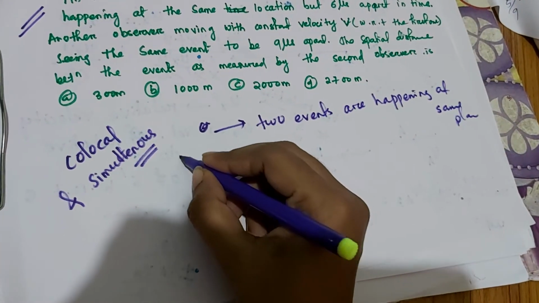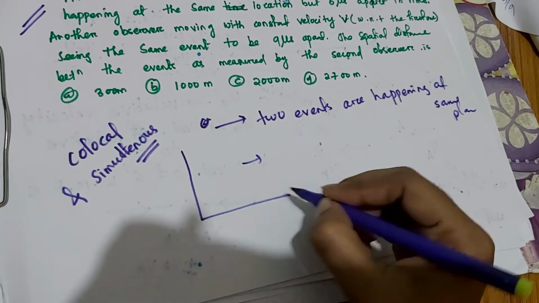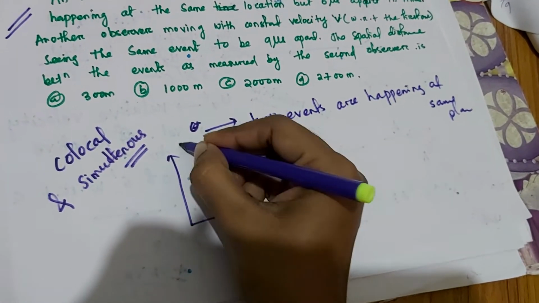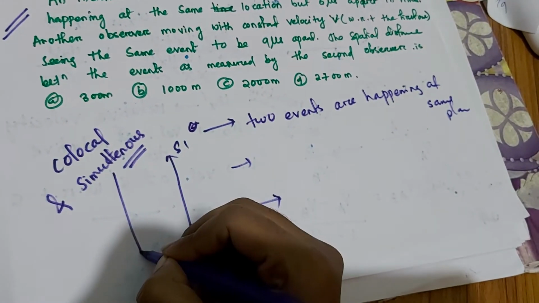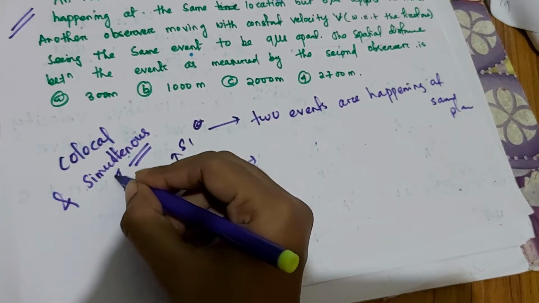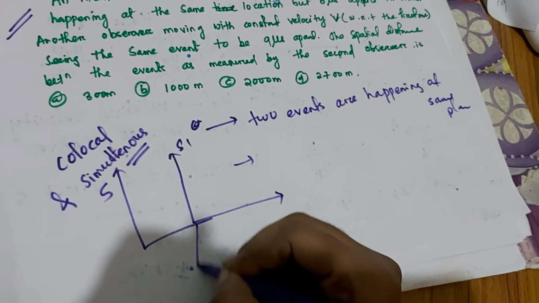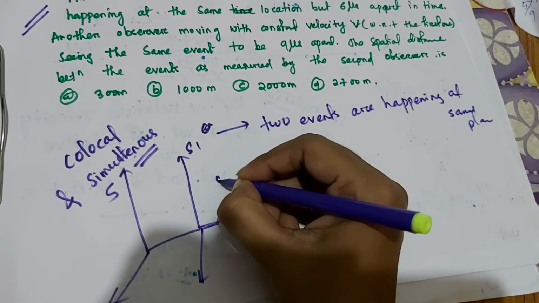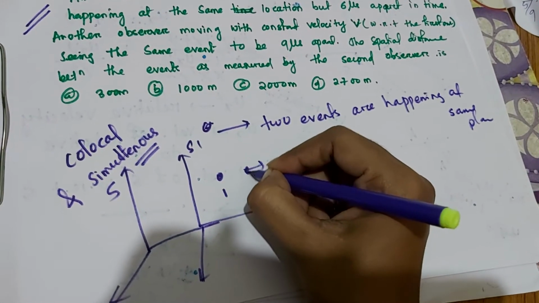That means if we have a frame of reference S prime, and this is S, as usual our x coordinate, y coordinate and z coordinate are there. Let this be event 1, this be event 2.